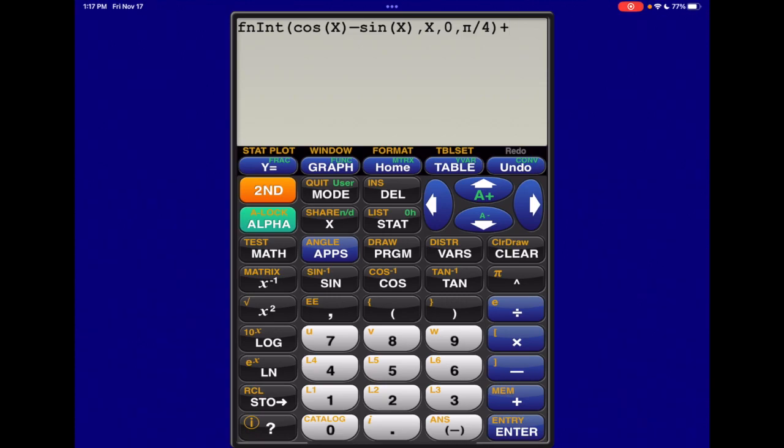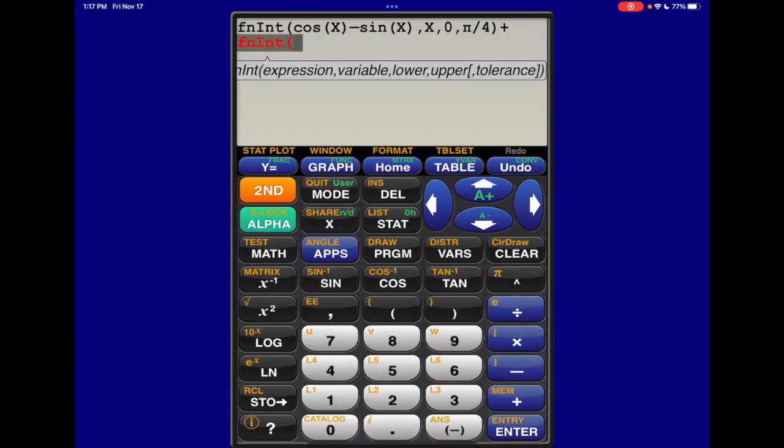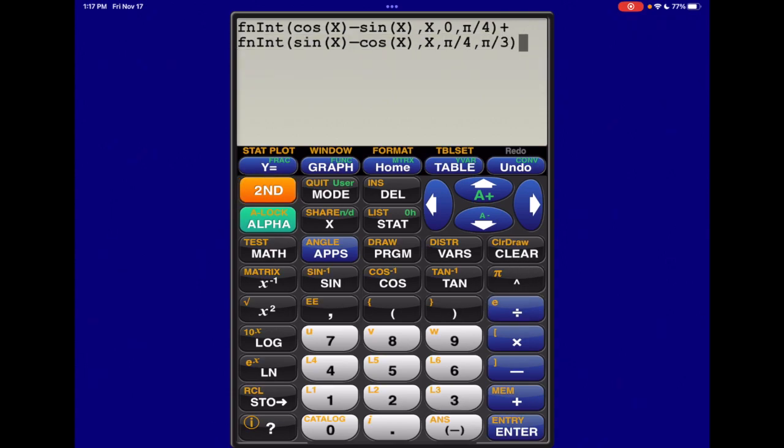So plus, and then go right back into the math menu and fnInt again. And our second one, we had that reversed, so it was now sine x minus cosine x. Again, make sure you close the parenthesis for each individual trig function, then the variable, and then our lower limit on this next one was from pi over 4, comma, pi over 3.